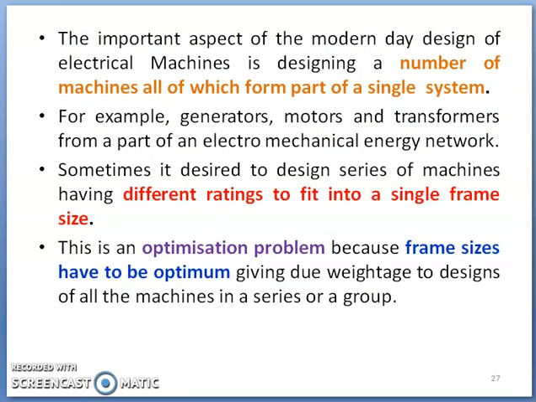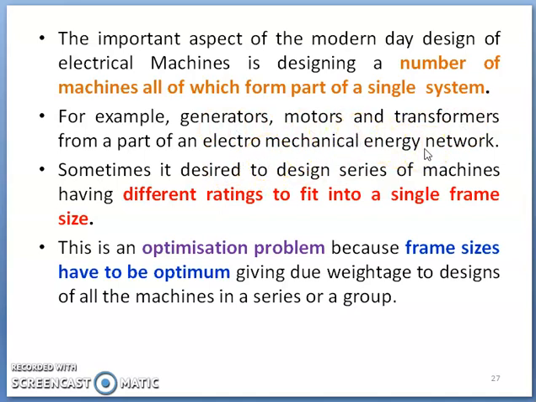What are the important aspects of modern day design of electrical machines? An important aspect is designing a number of machines which form a part of a single system. If you take the example of an entire power system network, it requires several machines like generators, motors and transformers, all of which form a part of the electromechanical energy network.